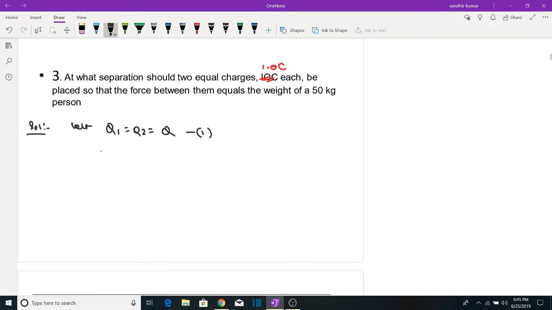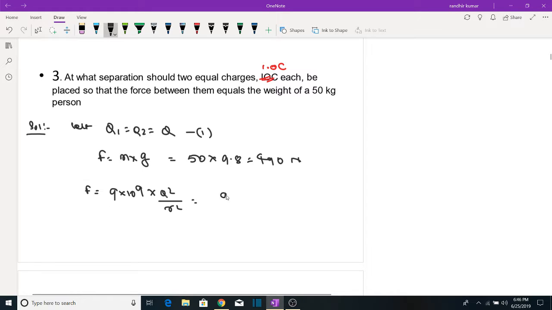Force between them equals the weight of a 50 kg person. So force is equal to m into g. So 50 into 9.8, 490 newton force of the person, and force equal to 9 into 10 to power 9 into Q square upon R square.